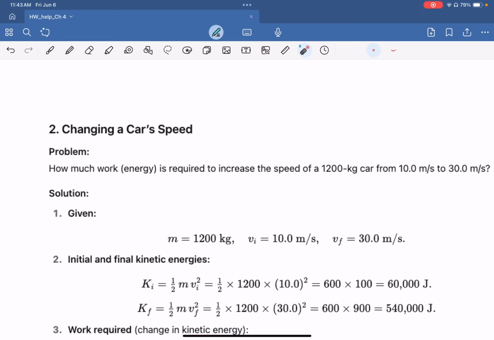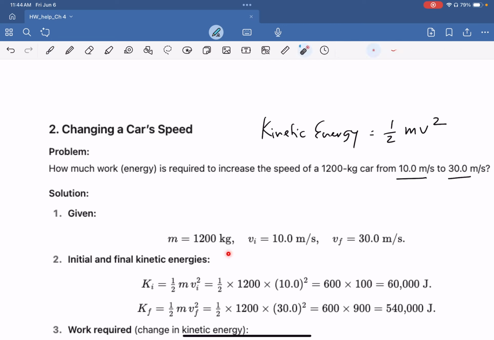So the idea here is that the kinetic energy of the car increases. And the formula for kinetic energy is 1/2 mass times velocity square. So if you find the initial kinetic energy and the final kinetic energy, and take the difference between them, you will get the work done. That's what we're going to do.